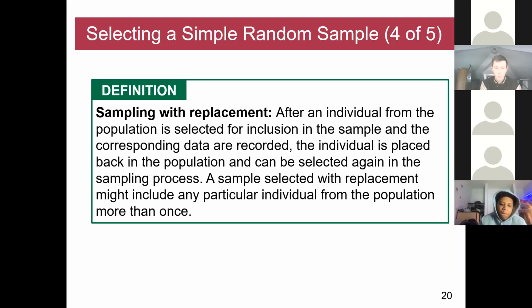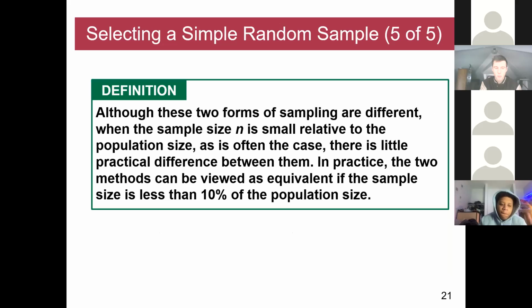Here's the definition of sampling with replacement that I mentioned a minute ago. It says, although these two forms of sampling are different, when the sample size, n, the number of people in your sample, is small relative to the population size, uppercase N, as often is the case, there's little practical difference between them.